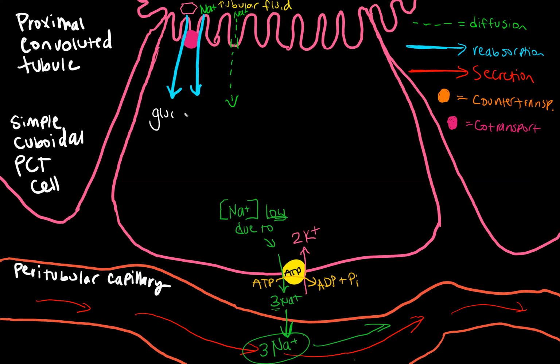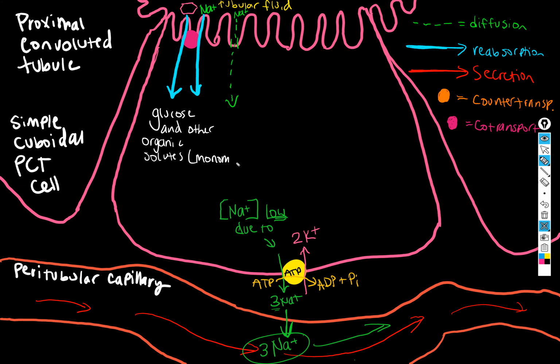So glucose and other organic solutes, which I'm going to say are primarily monomers, i.e. monosaccharides like glucose or an individual amino acid. So one subunit part of a polymer that is used for fuel. So the macromolecules that we eat broken down into their little itty bitty parts.